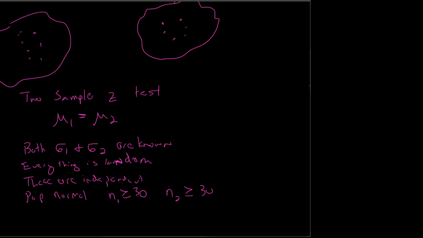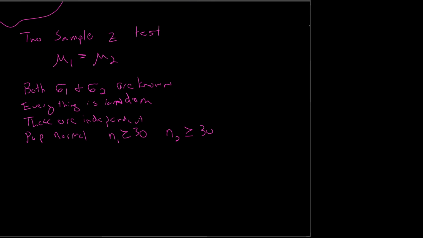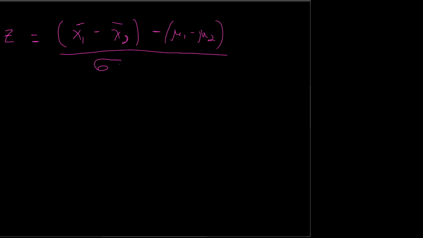So all these conditions that we've been carrying on for all of our different tests need to carry over here also. And what we're going to do is make a new z-score. And that z test score, I should say, is we take the two means from our samples, and we take the population means, and we're going to divide them by a special standard deviation of the difference of means.